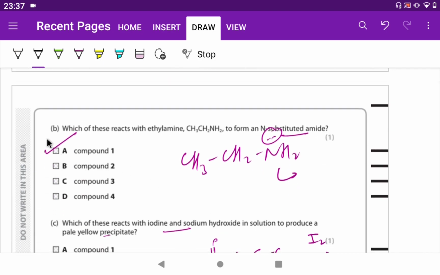Now part B, which of these react with ethylamine, this is the formula of ethylamine, to form an N-substituted amide? Once again, the ethylamine has a lone pair, it means it has an excess of electrons, so it will give this extra electron to the compound which has electron deficiency.